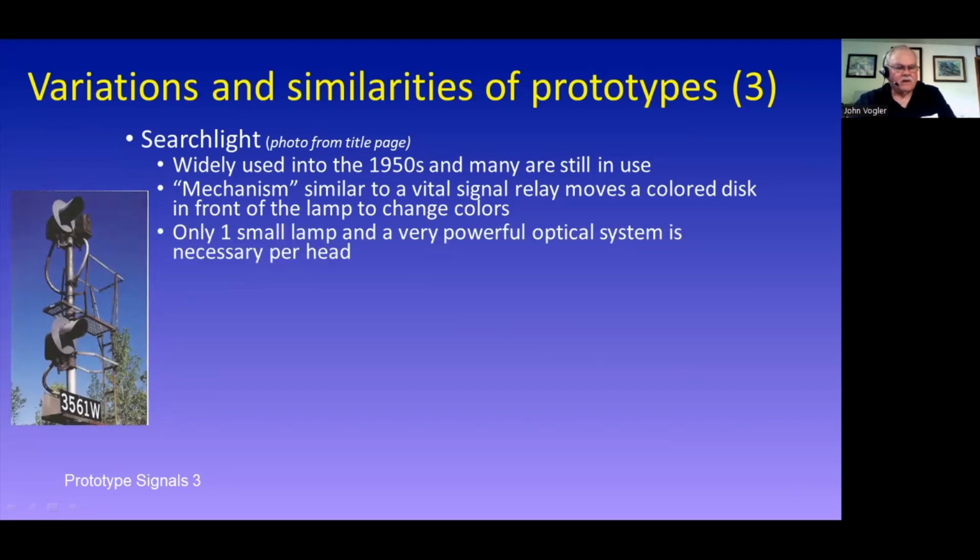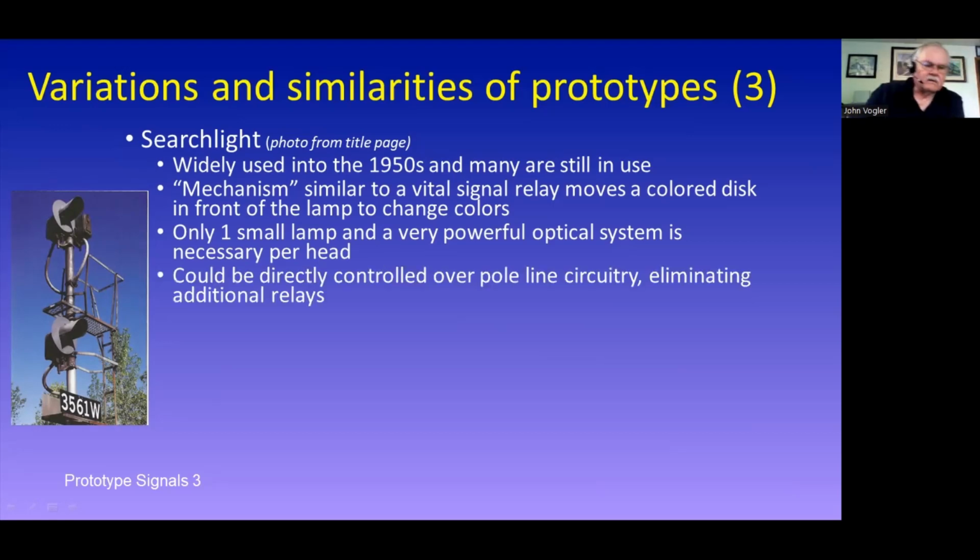You can get by with a very, very small lamp and a very powerful optical system, but you only need one optical system, unlike a true color light. They could be directly controlled over line circuitry, and you could eliminate some relays that way, so there was some cost savings.